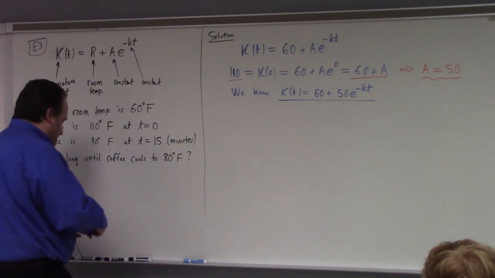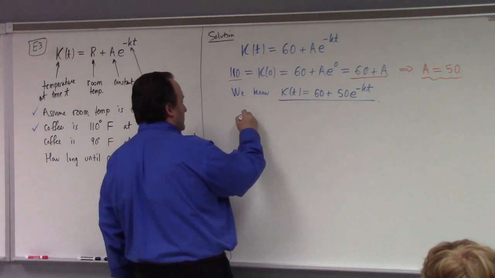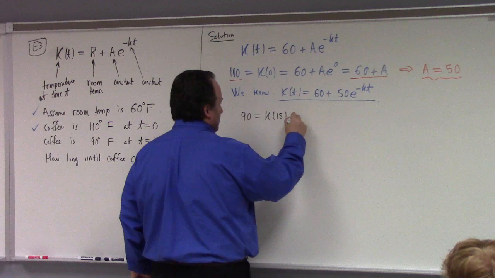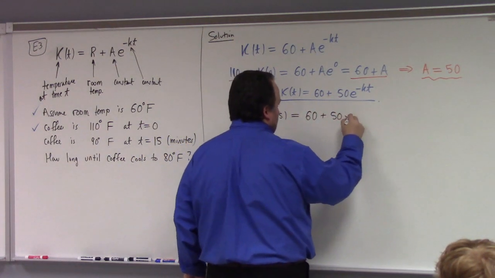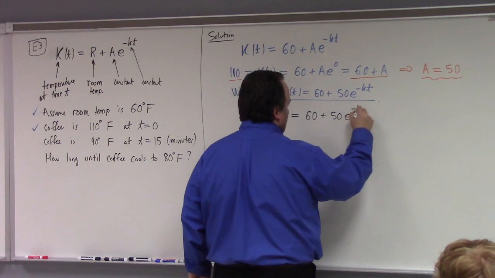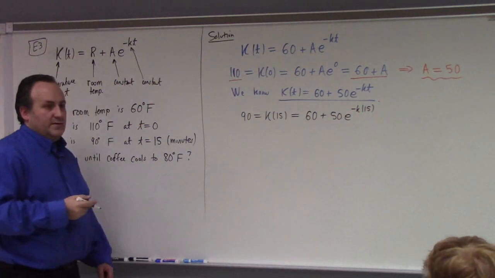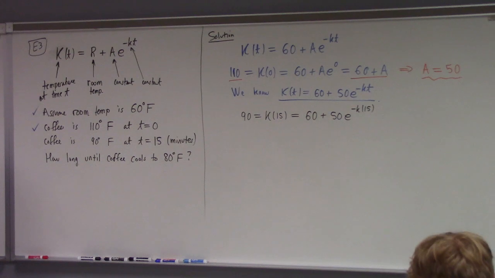Put that in. We'll get 90 is equal to K at time 15, which is going to be 60 plus 50 times e to the minus K times 15. Well, look at what we have now. We've got one equation that involves K alone, right?